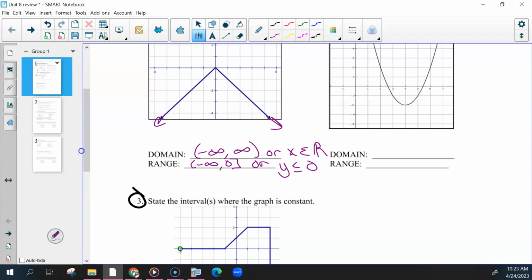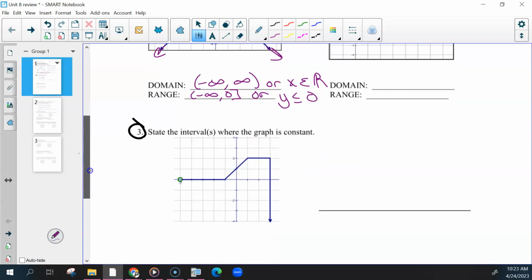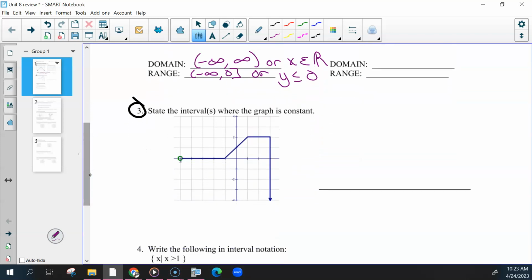Questions on 1 before we continue? For 3, it's looking at the intervals, the x intervals, where this is constant. So that means looking left to right, your x values keep moving forward, but your y values stay the same. Where does it start being constant?